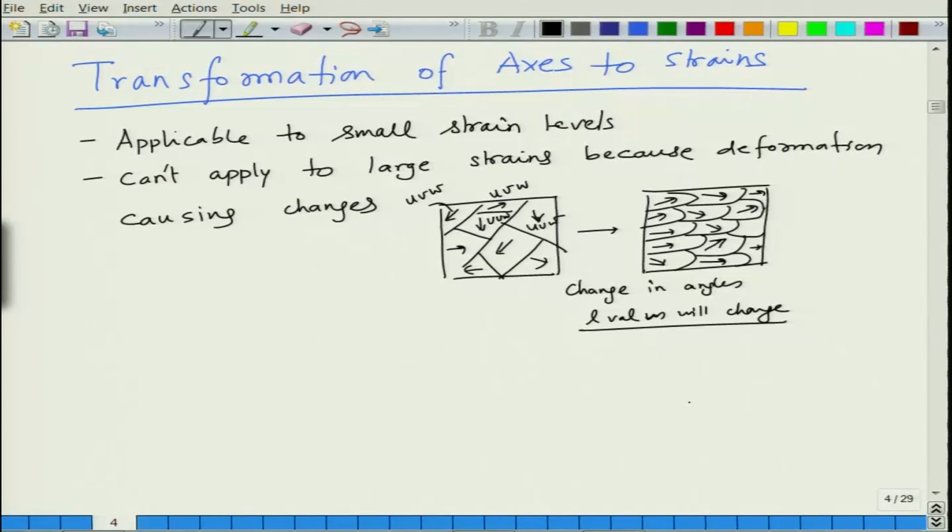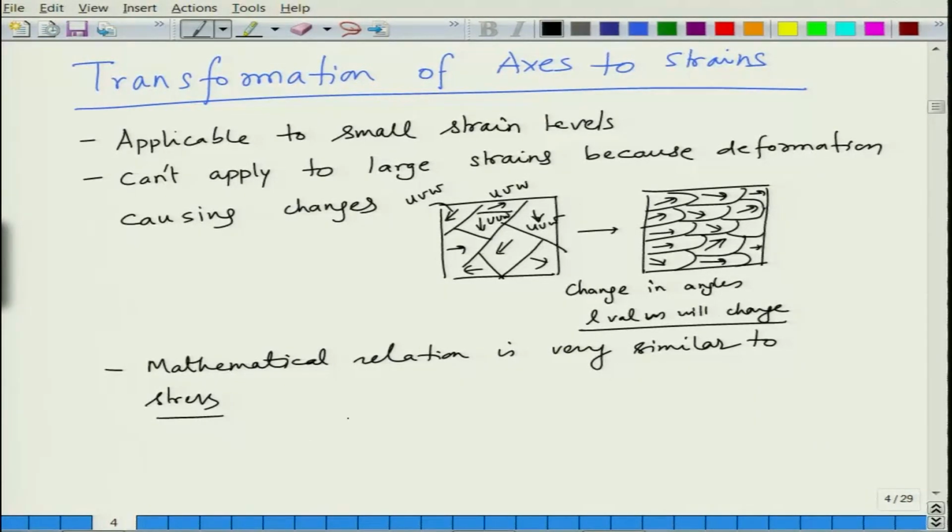Now, the relation basically is similar. So, the mathematical relation is very similar to, basically you can say, stress. So, we can say that epsilon ij is equal to Lim into Ljn into epsilon mn.